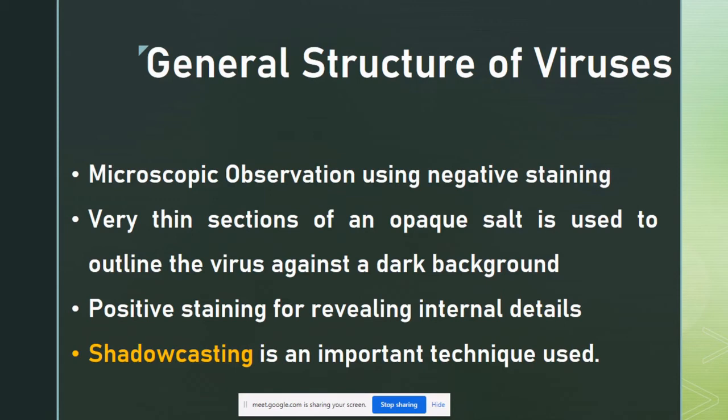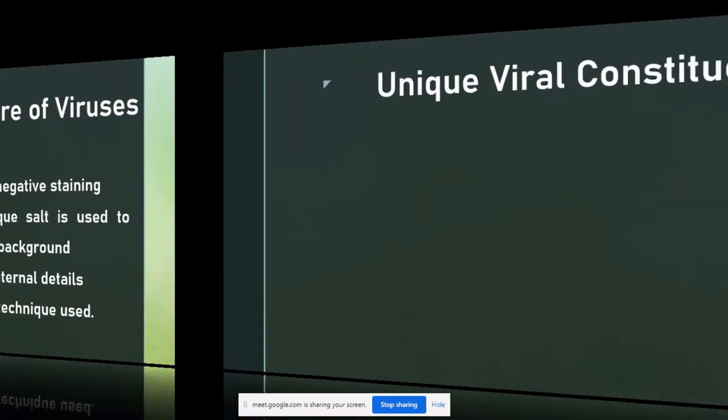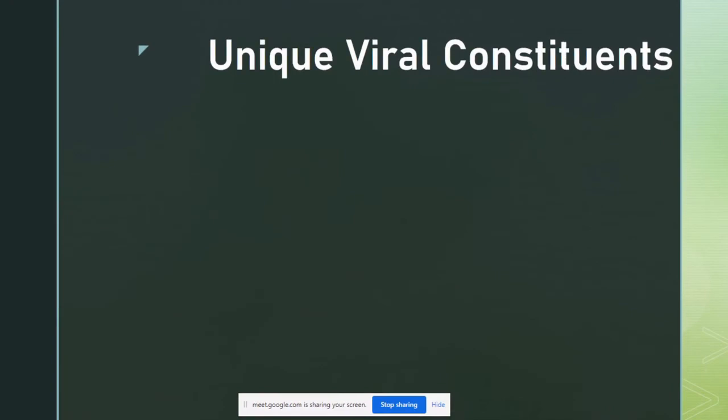But if you want to observe the internal structures, then we have to use shadow casting or positive staining for internal details. We will learn about this in more detail when we talk about the analysis or assays of viruses. Right now, just remember that there are two ways that we can visualize viruses under an electron microscope: negative staining and positive staining. There is something called shadow casting as well.